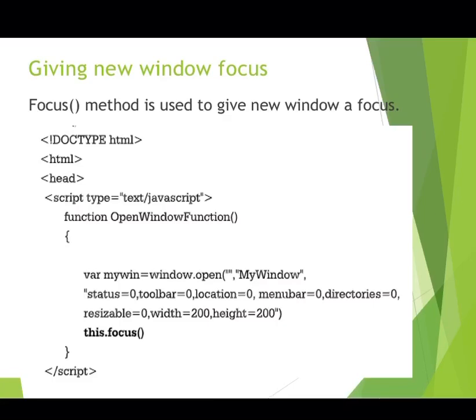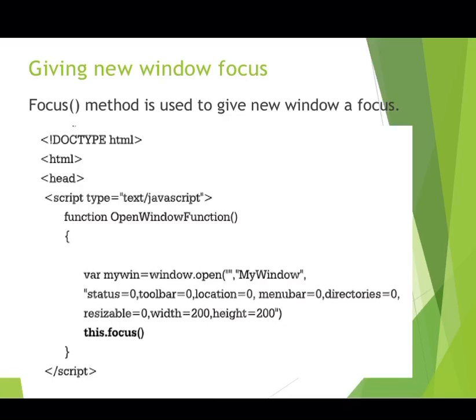Then we'll specify the style of the window. So status is equal to 0, toolbar is equal to 0, location also we are specifying 0, menubar is equal to 0, directories is equal to 0, and resizable is equal to 0.